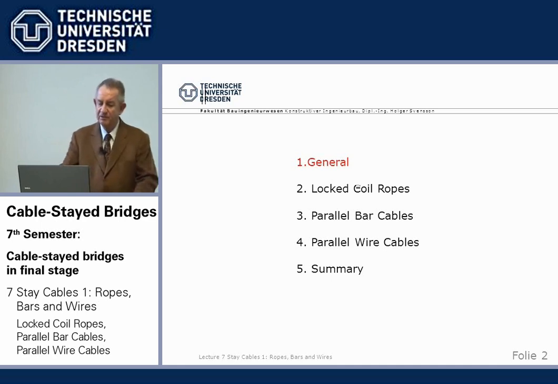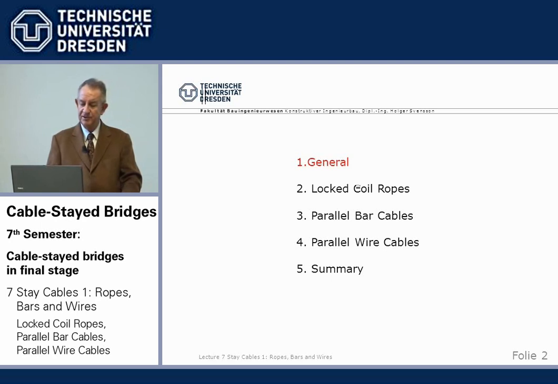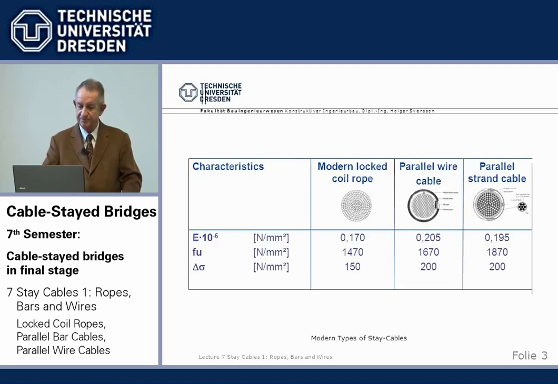We will go through the main used different types, lock coil ropes, parallel wire cables, and in the second part of the lecture, parallel strand cables. And in addition, there's a system, parallel bar cables, which is more interesting from historical reasons.